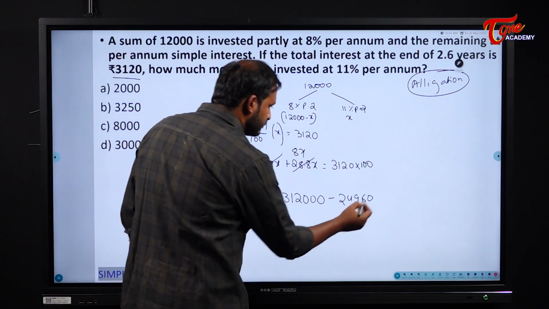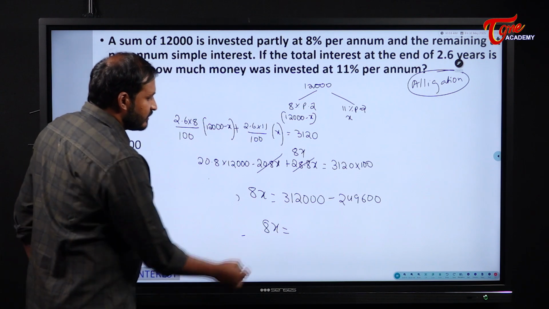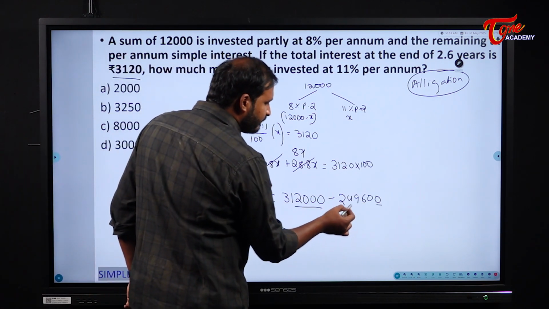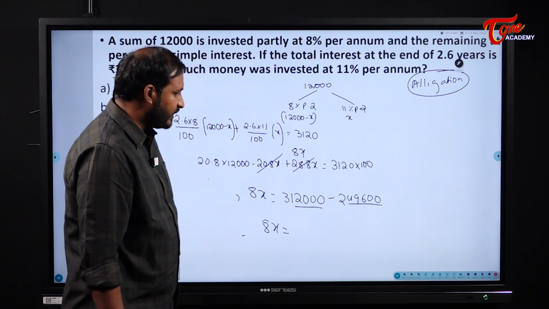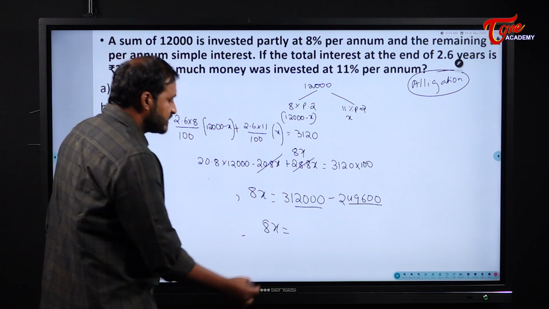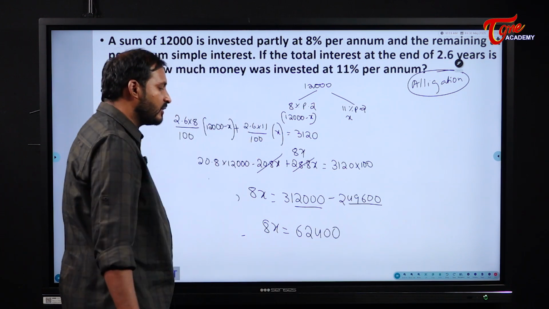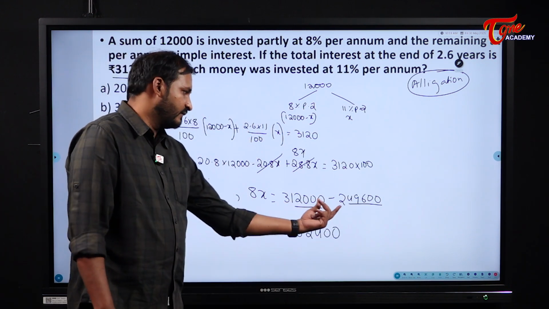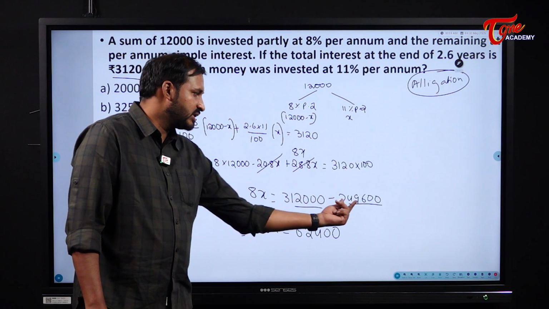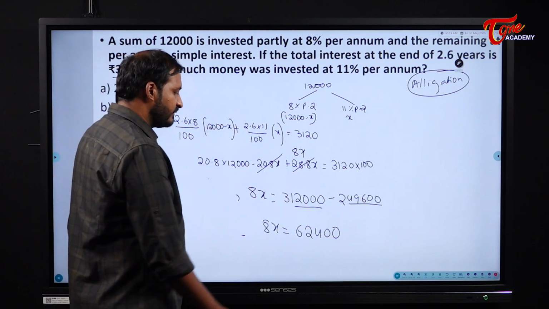So what happens here? 3,12,000 minus, here you will get 12,000 and you will get 50,400. So overall it will become how much? 62,400. If you subtract these two things, 12,000 and 50,400, it will become 60.